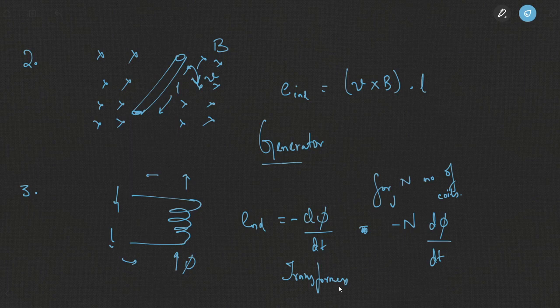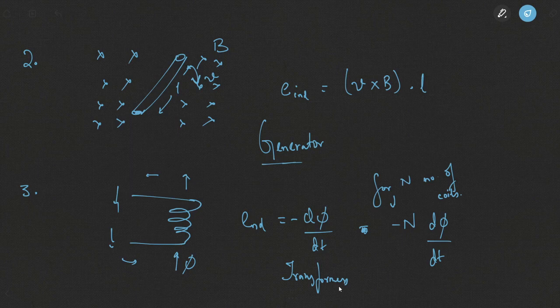Thirdly, a coil that is stationary at any location, but through which flux is changing, will have an EMF induced in it because of that changing flux. It can be one turn of coil, it can be n number of turns, and accordingly you will get the induced voltage. So this forms the principle of operation of a transformer.